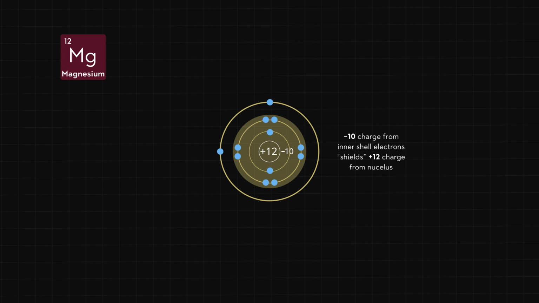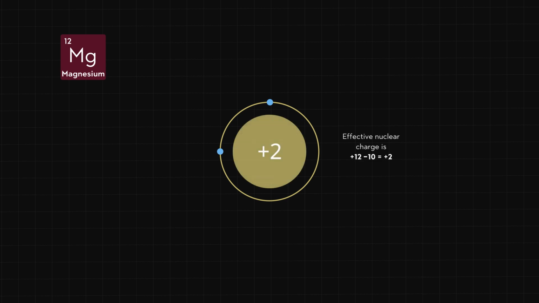This results in an effective nuclear charge experienced by the outer electrons of +12 - 10, giving +2. So ionizing magnesium requires pulling a third shell electron away from an effective nuclear charge of +2.